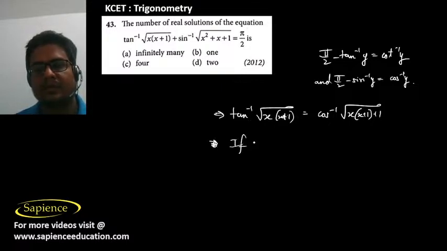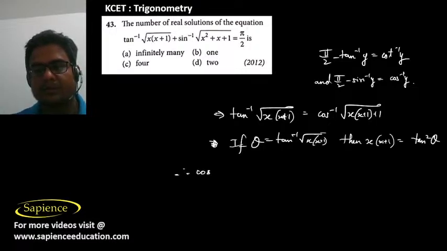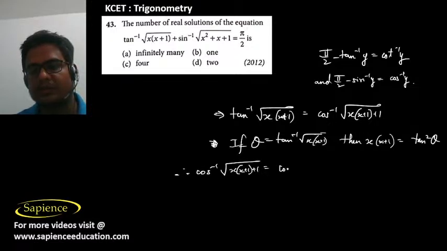So then if we take theta equal to tan inverse of root over x into (x plus 1), then it means that x into (x plus 1) will be equal to tan square theta. So therefore cos inverse of root over x into (x plus 1) plus 1 will be equal to cos inverse of root over tan square theta plus 1, which is equal to cos inverse of sec theta.